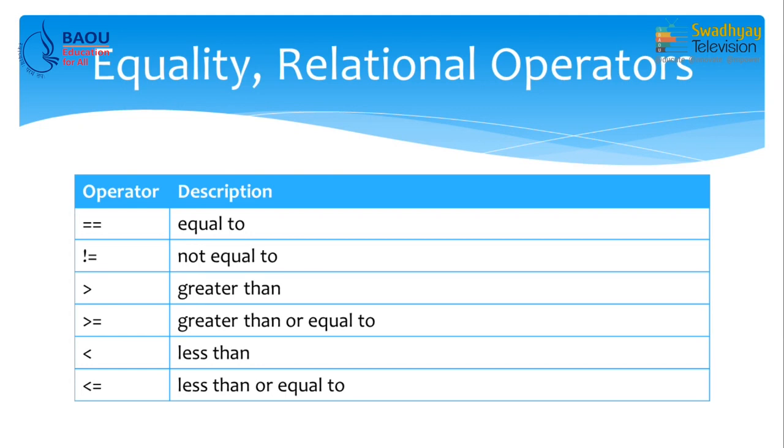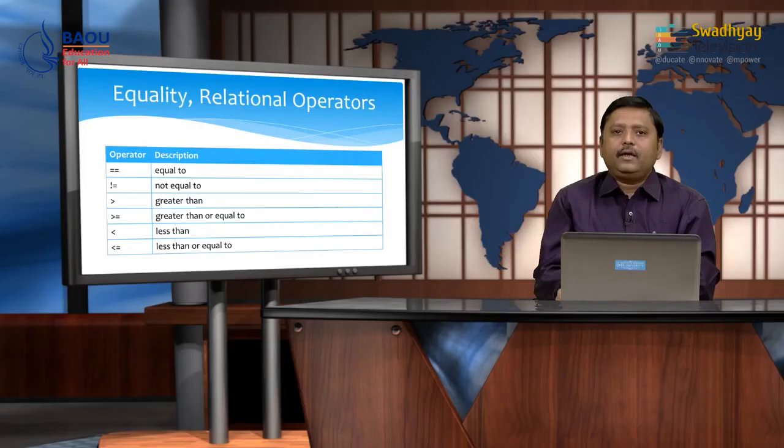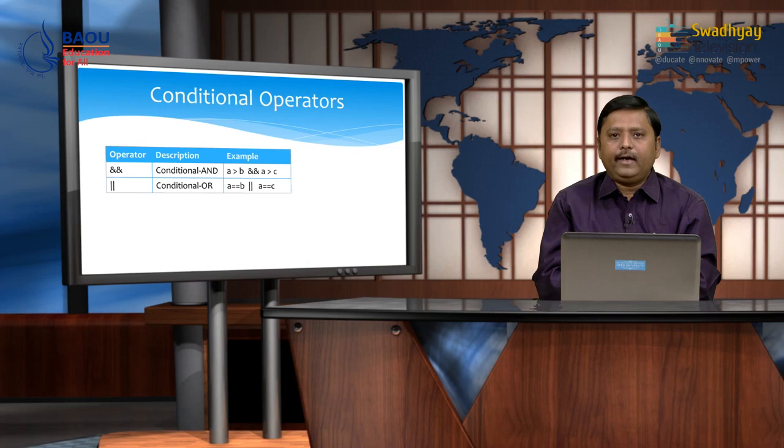Similarly, less than returns true if the left hand operand is less than the right hand operand, and otherwise it returns false. And likewise, we have the less than or equal to operator, which returns true if the left hand operand is less than or equal to the right hand operand, otherwise false. So, these are the examples of equality and relational operators.